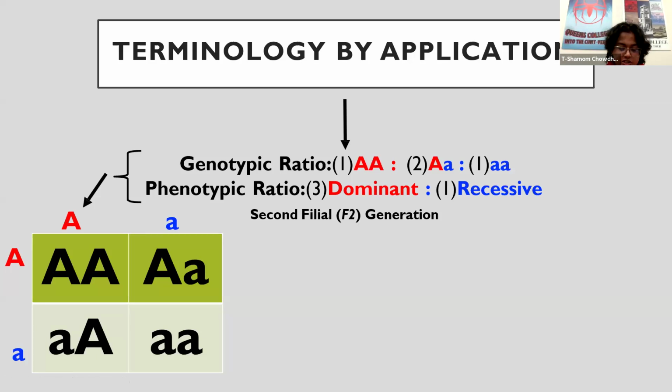So this is the case if you have two heterozygous parents for a monohybrid cross. 1:2:1 means you have one homozygous dominant, two heterozygous, one homozygous recessive, while your phenotypic ratio is 3:1. Because as I mentioned before, as long as you have one allele that's dominant, if you're heterozygous, you're going to show the dominant trait. So your phenotypic ratio is 3:1, but your genotypic ratio is 1:2:1.